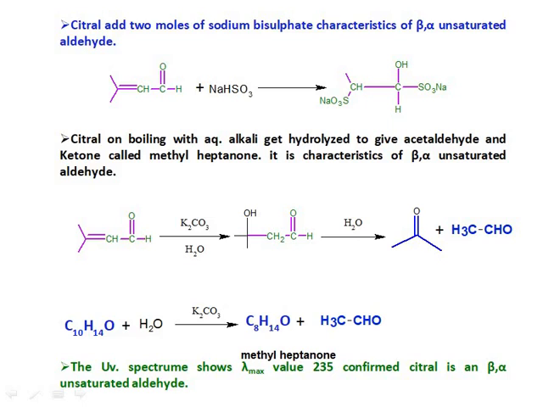So an alpha beta unsaturated aldehyde must be present in the citral compound. Finally, we can run the UV spectrum of citral, and it shows a value of about 235 nm. That value confirms that citral is an alpha beta unsaturated aldehyde.